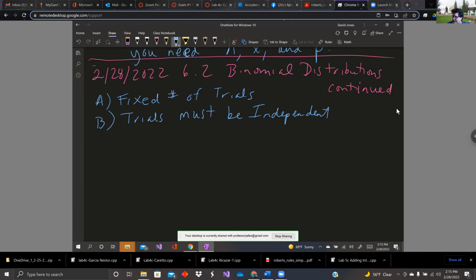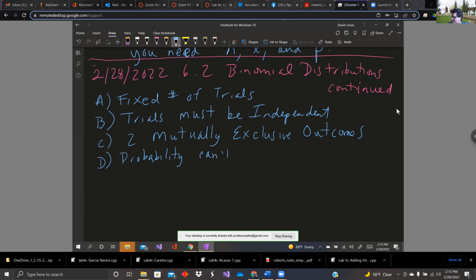Then we need two mutually exclusive outcomes. And finally, the probability must remain fixed between trials. Probability can't change between trials.